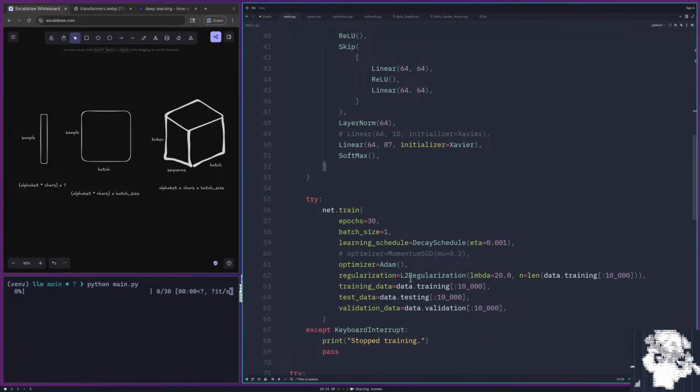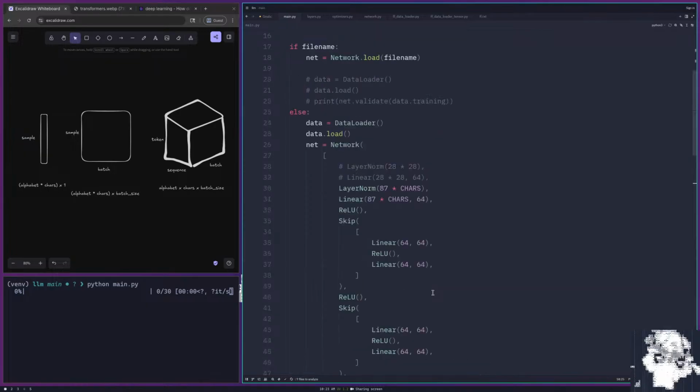I have batch size equals 1. So this should be really fast, but it's not.